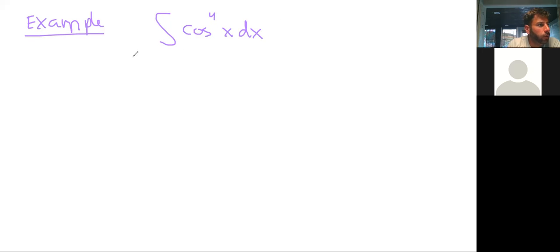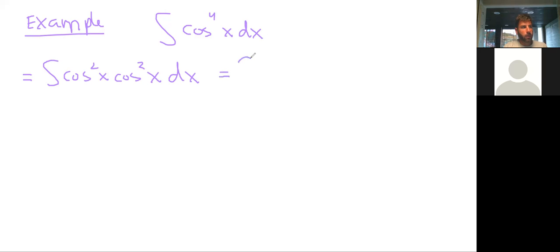Well, what we'll do is start by recognizing that this is the same thing as cosine squared x times cosine squared x. And of course, using our half angle formulas, cosine squared just becomes 1/2 times 1 plus cosine 2x, times 1/2 times 1 plus cosine of 2x.